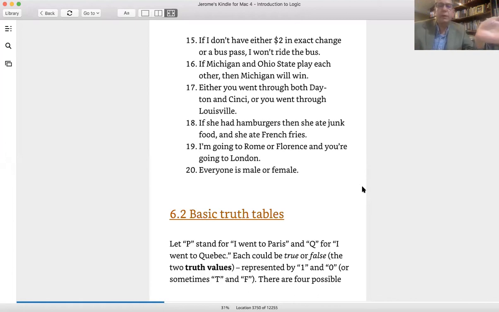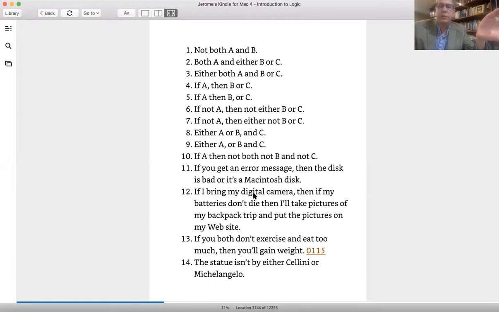There is an assignment that I skipped over that asks you to translate from English into propositional logic. My advice is that you do practice with that a little bit. If you're using Logicola, that's an easy way to do it. If you're not, just look through this exercise.